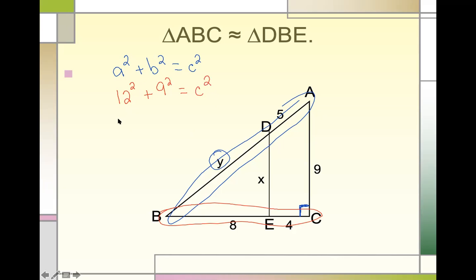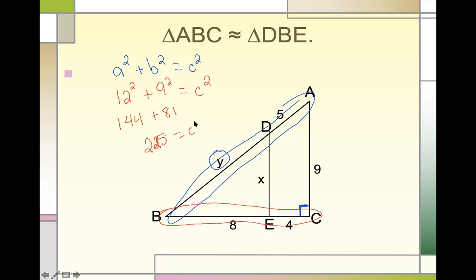So 12 squared is 144. 9 squared is 81. So 144 plus 81 is going to give me 235. That right? No. 225. I should not do it in my head. I have a calculator, it's fine. 225. Yep. Okay.